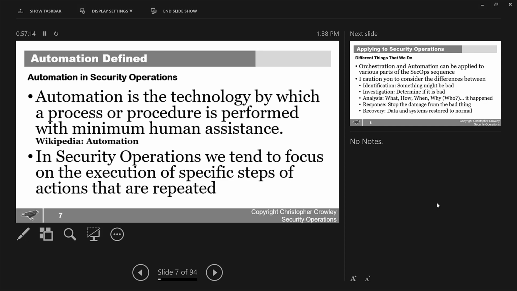Automation is technology without human interaction doing processes. I would assume that if I asked you what automation and orchestration are, you'd come up with definitions pretty close to that already, so I don't feel like this is contested territory.